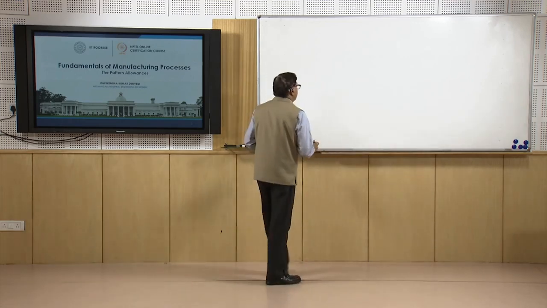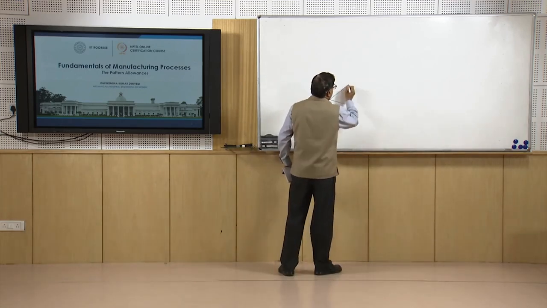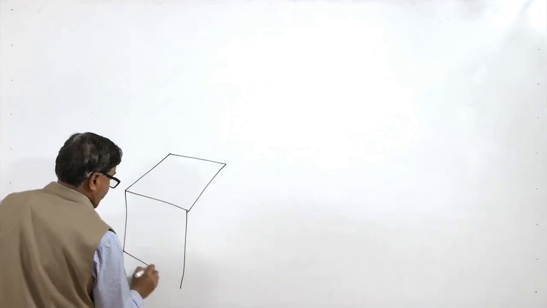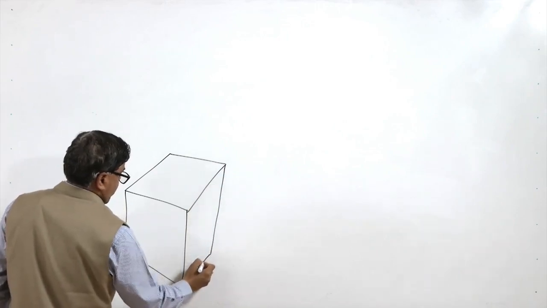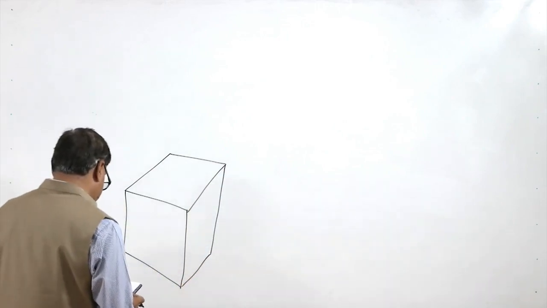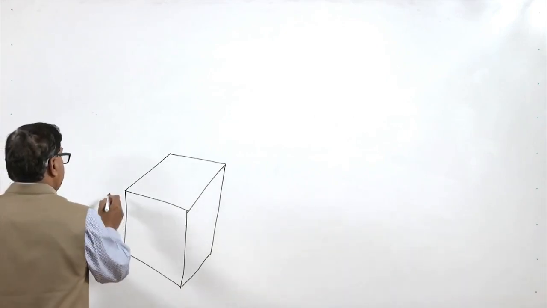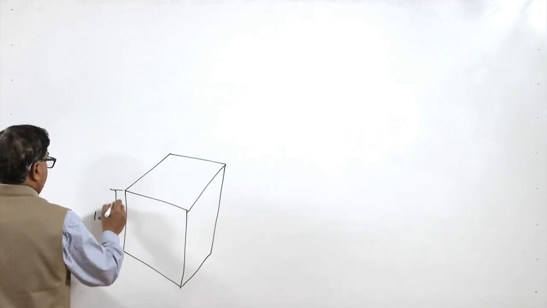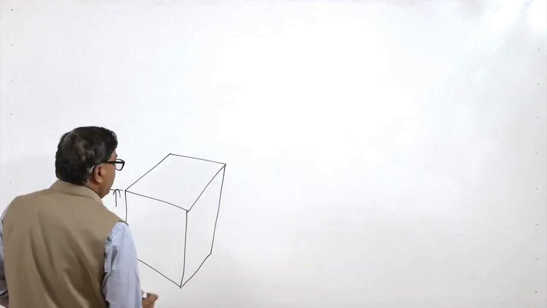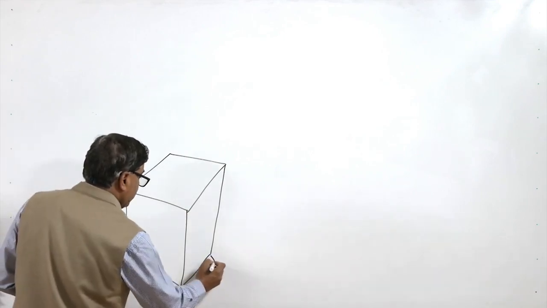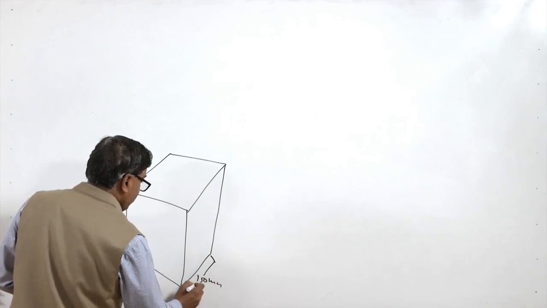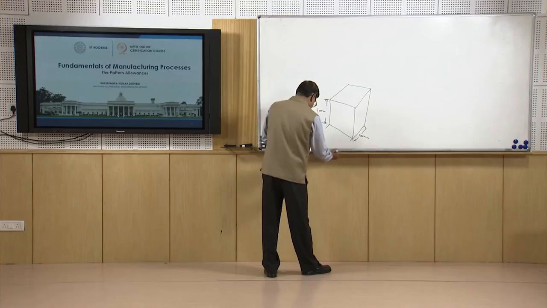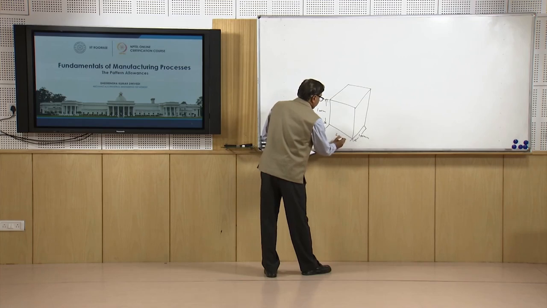This is an example wherein the height is say 100 mm, the width is 150 mm, and this dimension is 200 mm.